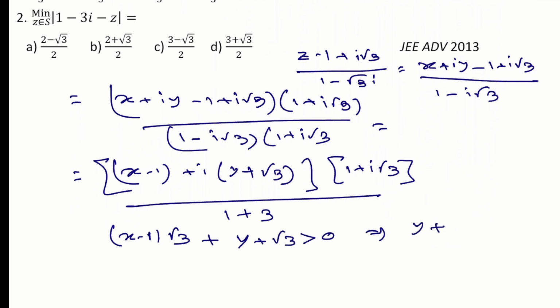Therefore y plus root 3 x should be greater than 0. So y equal to minus root 3 x. The slope is negative. So, what is the common region?